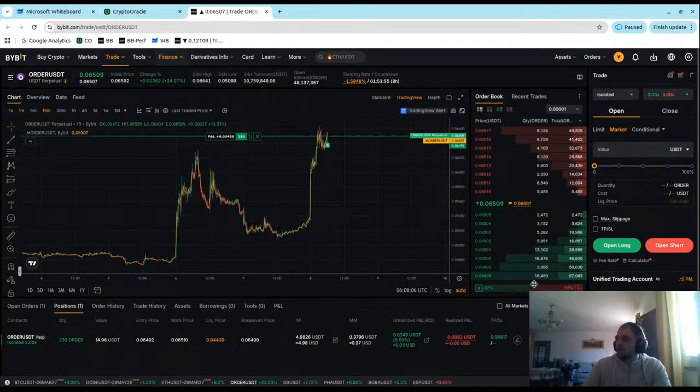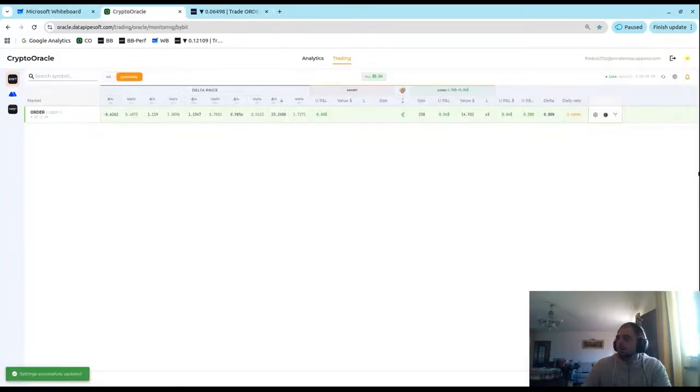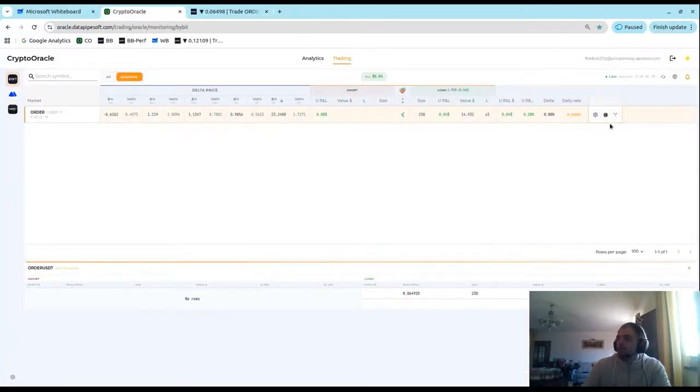So let's say the first position is for $15 here, and it grows and so on. When you click that, you'll be able to see individual positions. It's quite handy because sometimes when price goes in the opposite direction or in your direction, wherever, you can close partly and you will be able to see the profit straight away.